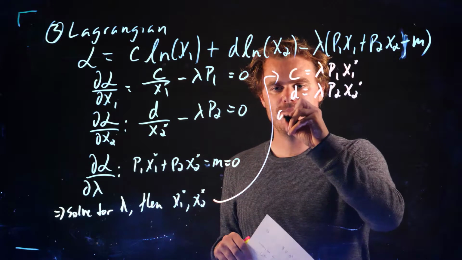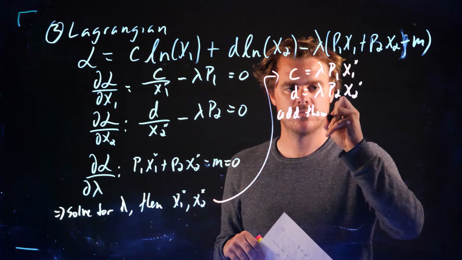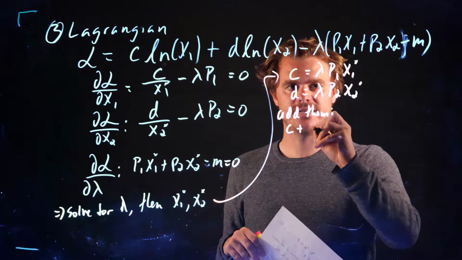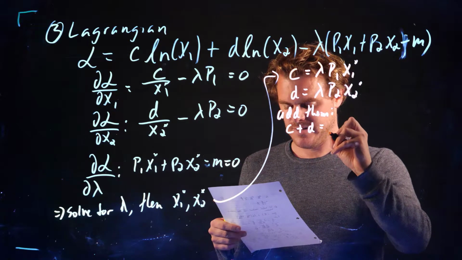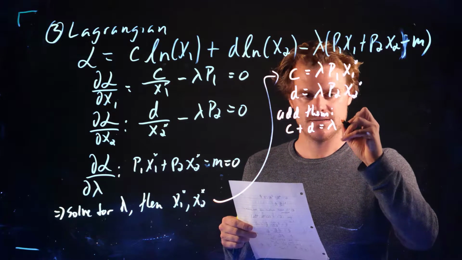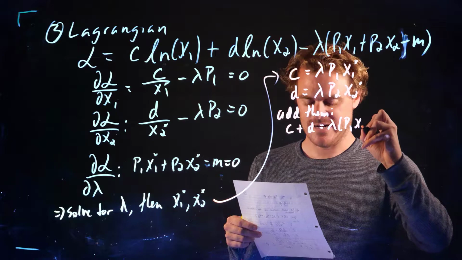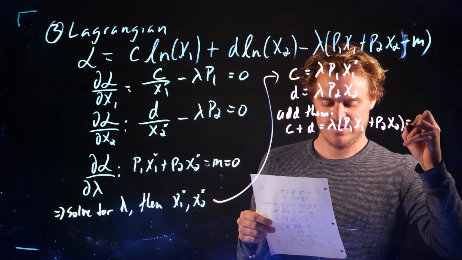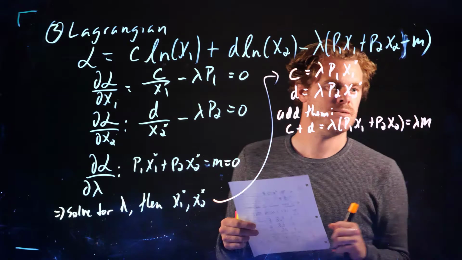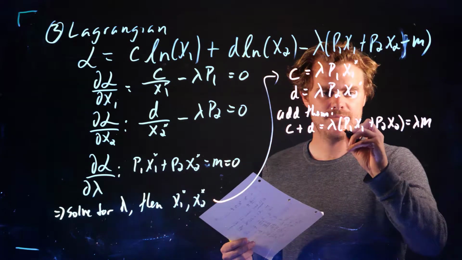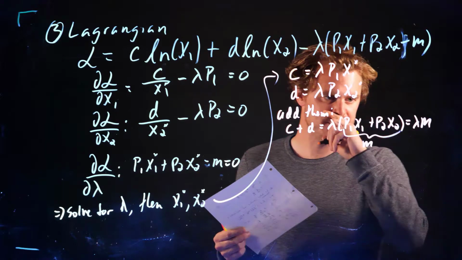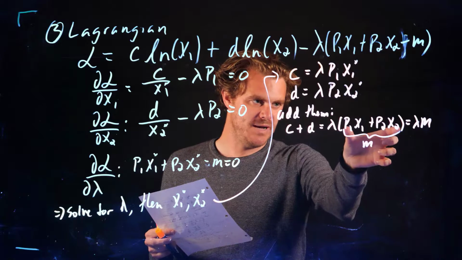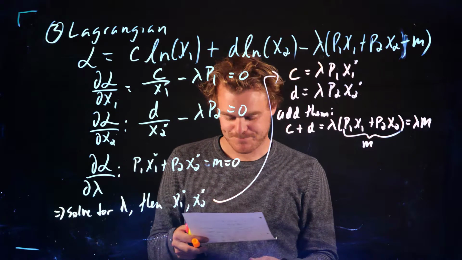We can add them, and we get c plus d equals lambda times p1 x1 plus p2 x2, which equals lambda times m, because by definition this is the same as m.